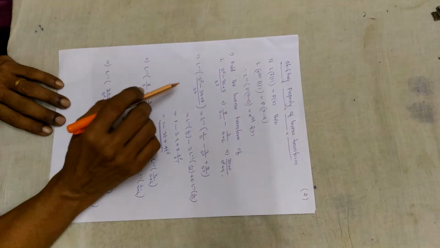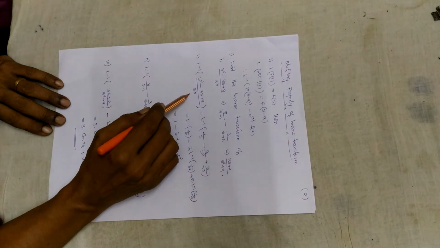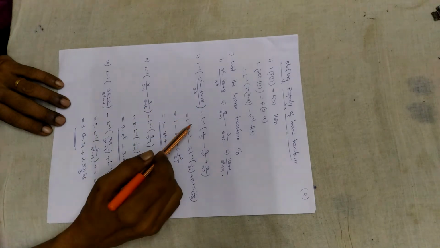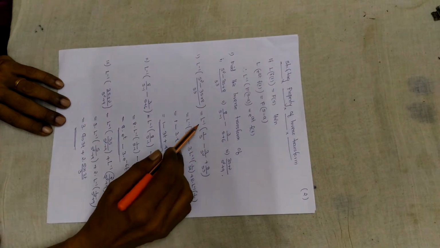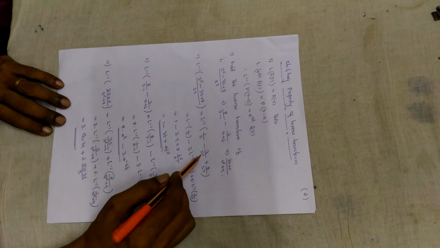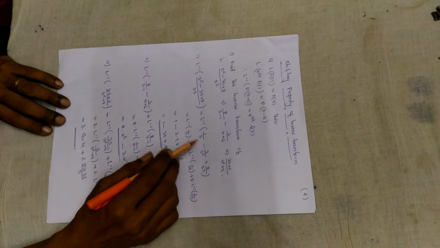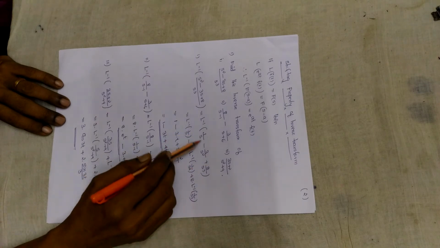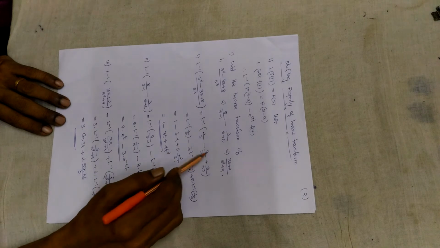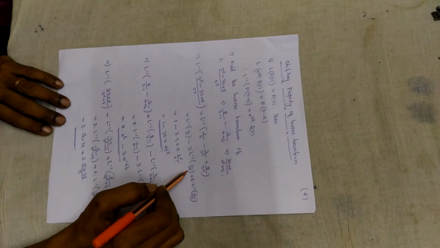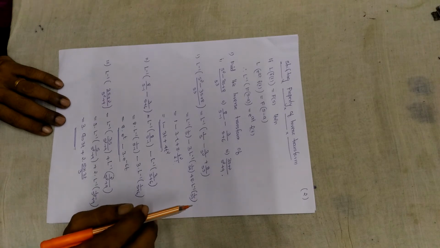So first one is L inverse of s square minus 3s plus 8 by s cube, which can be written as L inverse of s square by s cube as 1 by s, it is L inverse of 1 by s minus 3 by s square plus 8 by s cube. Using linearity property, this can be written as L inverse of 1 by s minus 3 into L inverse of 1 by s square plus 8 into L inverse of 1 by s cube.